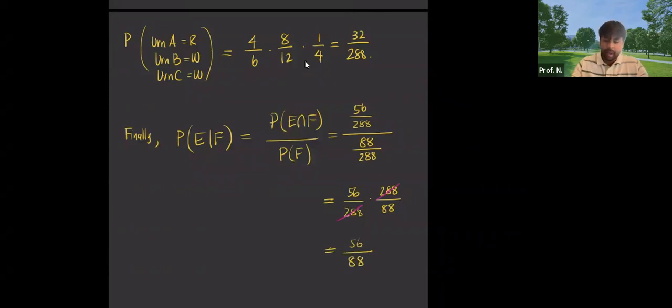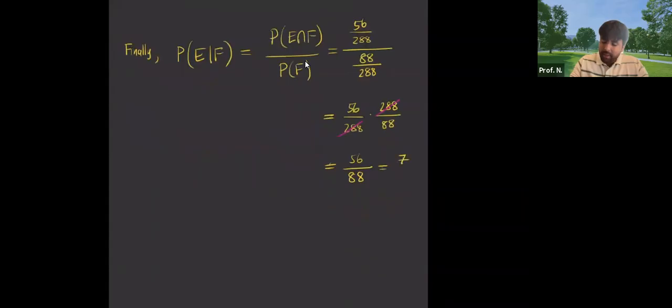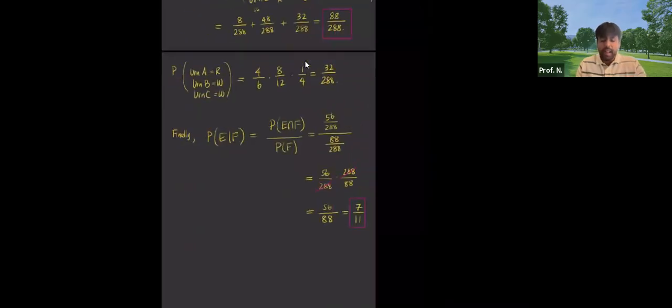And if you reduce, divide by 8, you get 7 over 11. So the probability that urn A has a white ball being selected, given the fact that you have exactly two white balls out of the three, is 7 out of 11.